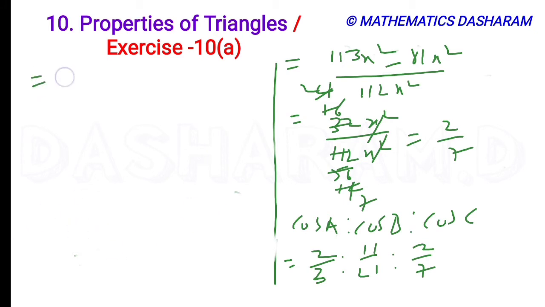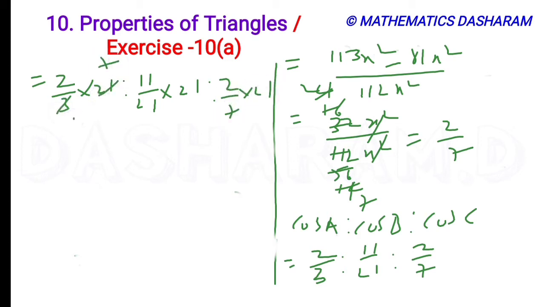So it equals 2 by 3 into 21, 11 by 21 into 21, 2 by 7 into 21. 3 7s are 21, 7 3s are 21, 2 7s are 14 : 11 : 2 3s are 6. So it is our required answer.